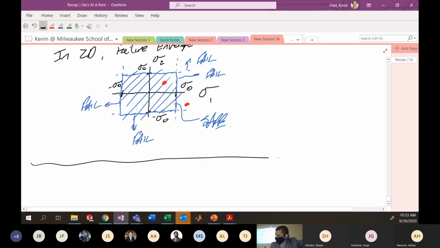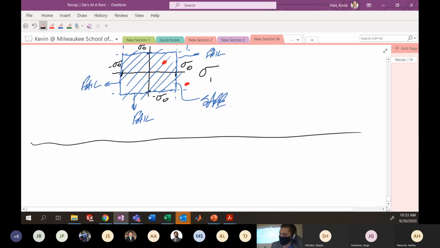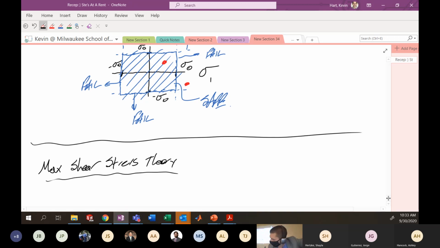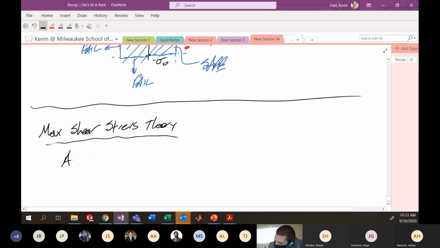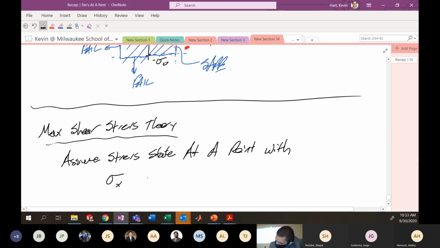Let's continue with the next theory, and that is max shear stress theory. Now, assume we have a stress state again, with all these stress components.